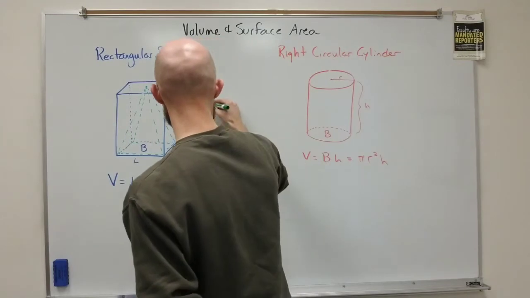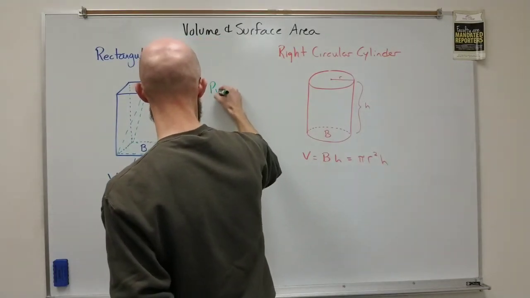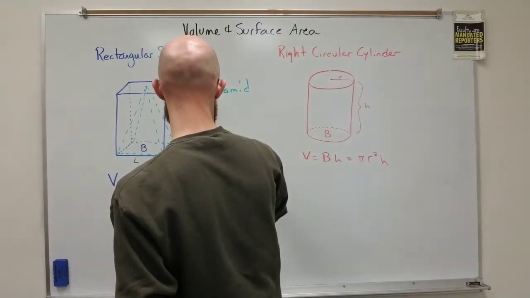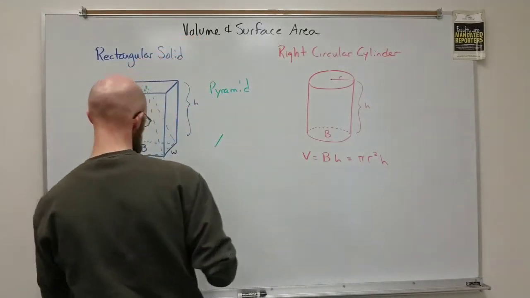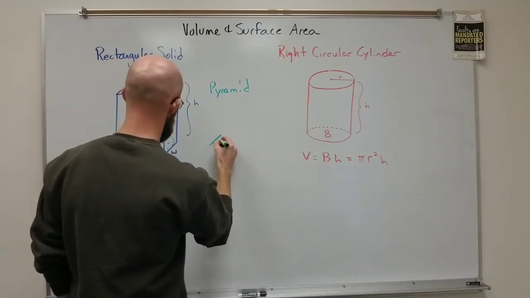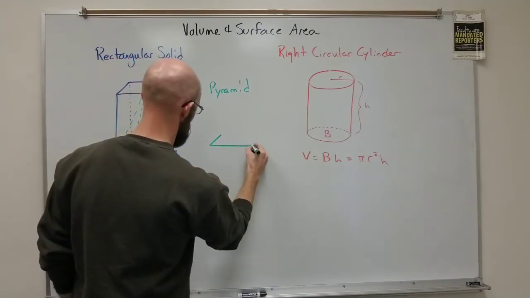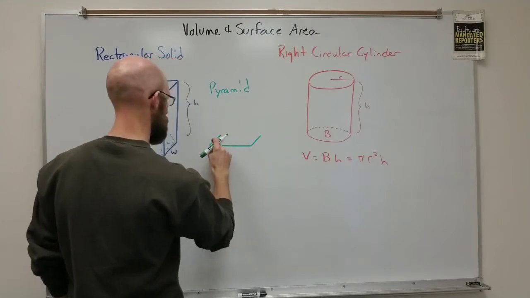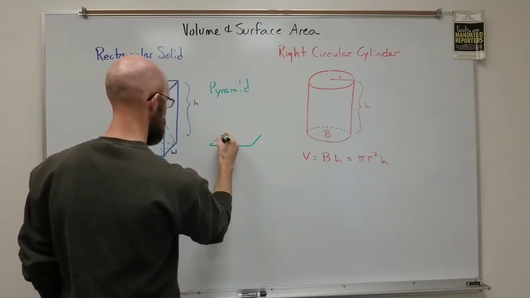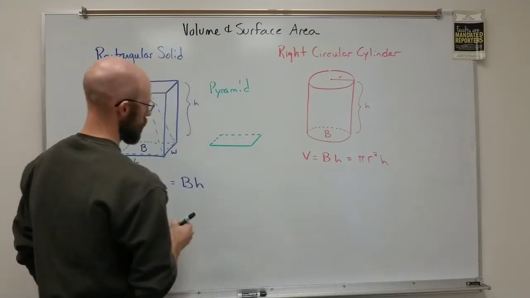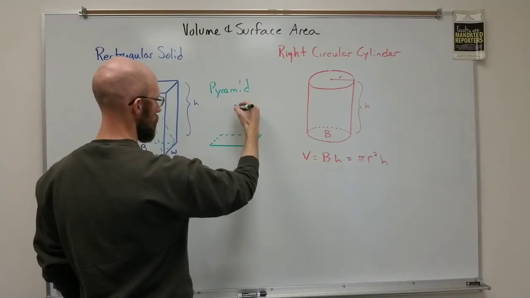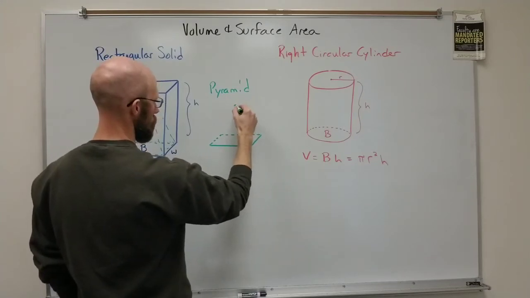Okay, so the pyramid, maybe I can draw a little bit better one here. Oops, not a good angle. We'll take one out here to the side. And I should probably dash this. Okay, and then going up, we need a common vertical vertex here.